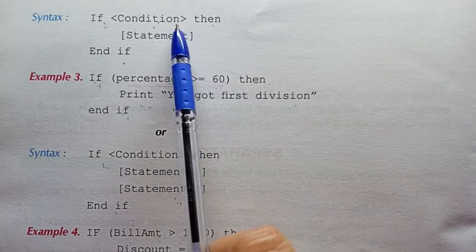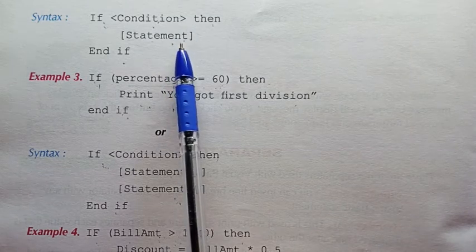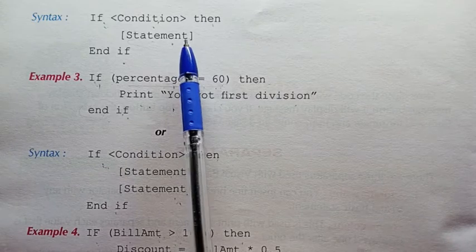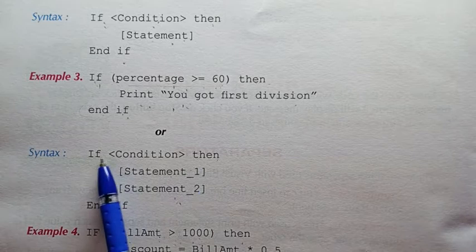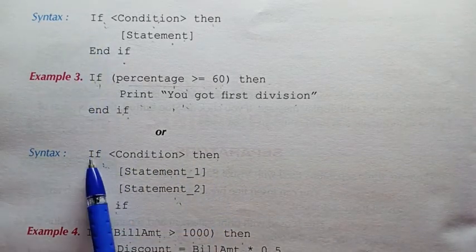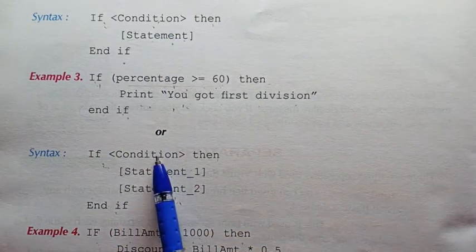This is the situation when we have only one statement to be executed. Sometimes we may have more than one statement to be executed. So in that case, we are going to follow this syntax. First thing remains the same. If will remain the same as it is. Condition will also remain the same.